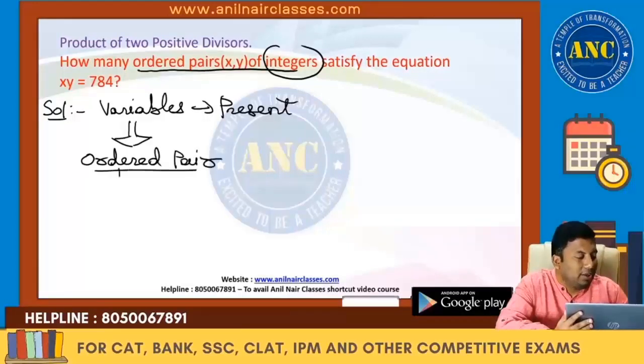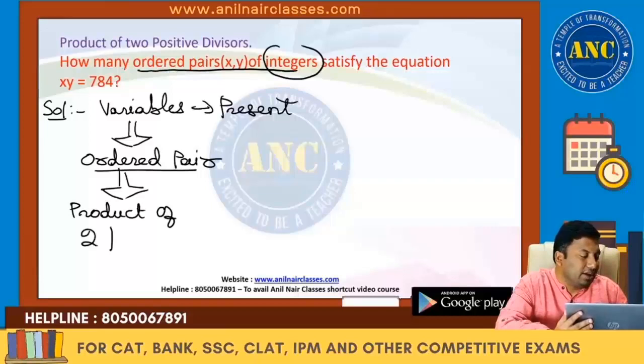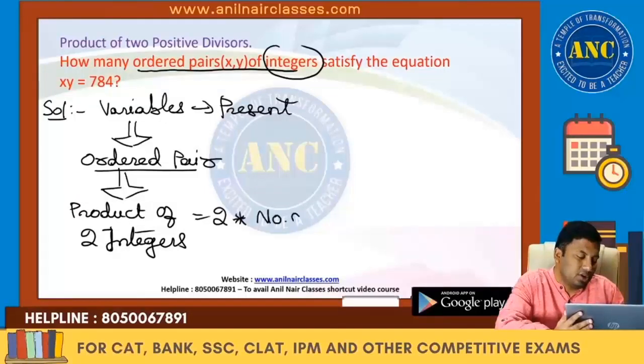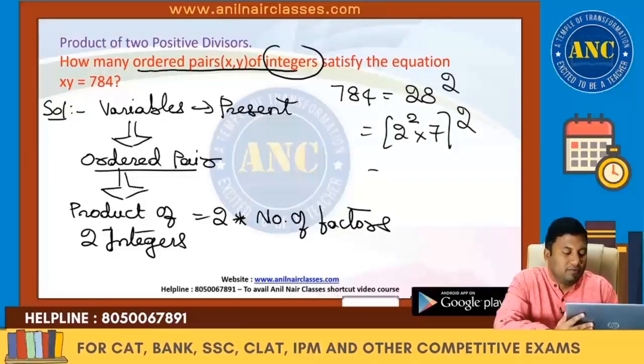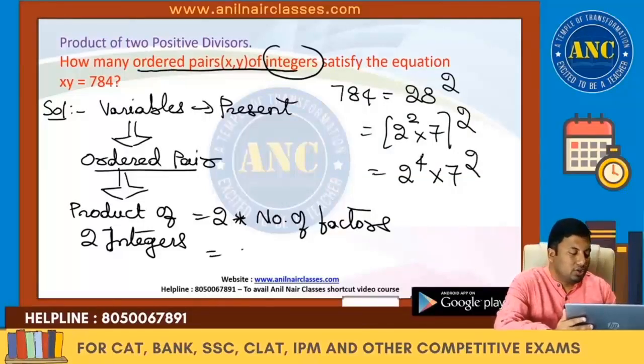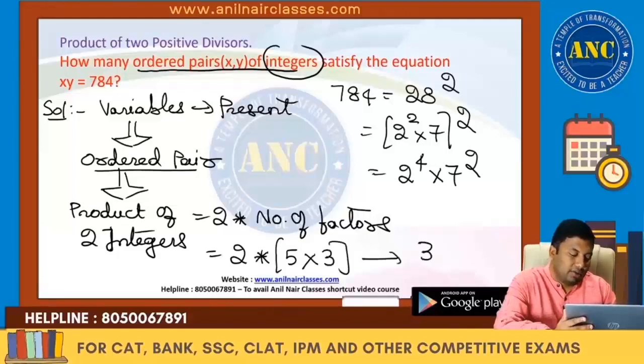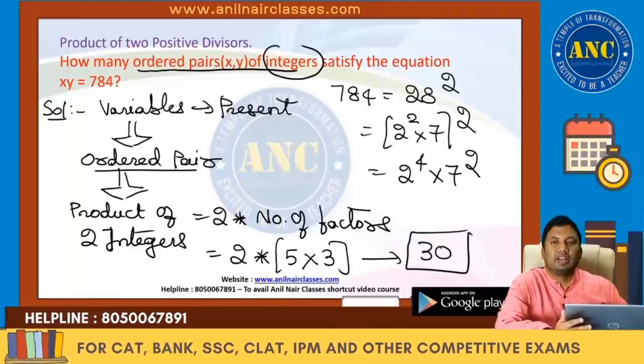In an ordered pair, if I have to write it as a product of 2 integers, it is nothing but 2 times the number of factors. 784 is nothing but 28 whole square. 28 is 2 square into 7, so the whole square is 2 power 4 into 7 square. 2 into number of factors: for 2 power 4 it is 0 to 4, 5 options, and 7 power 0 to 2 is 3. 2 5s are 10, 10 3s are 30. I hope it is clear.